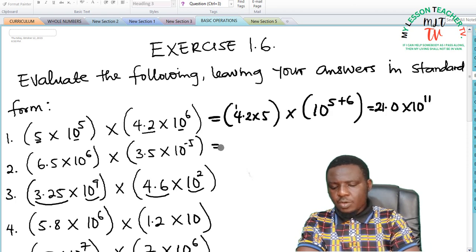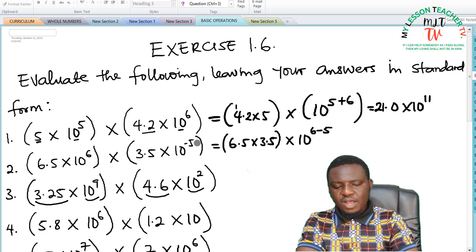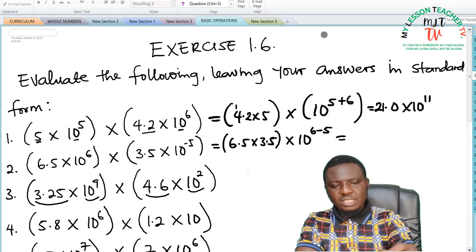B, we are to multiply 6.5 times 3.5 times 10 raised to the power of 6 minus 5, because 6 plus minus 5 gives us 6 minus 5. If I multiply 6.5 by 3.5, this is going to be 5 times 5 is 25.